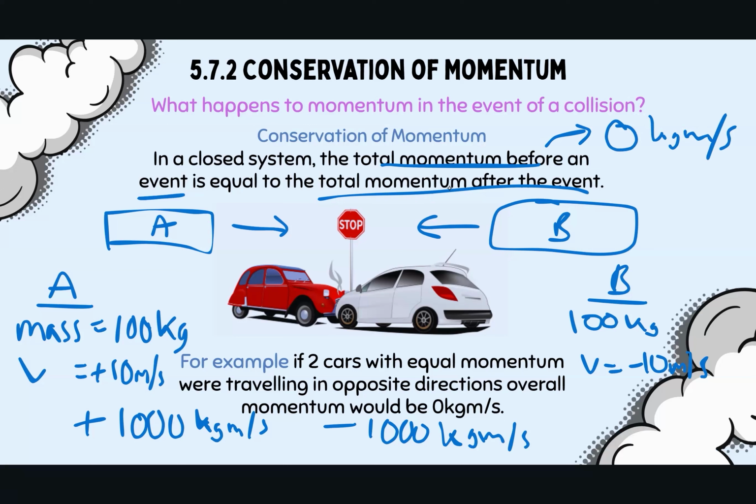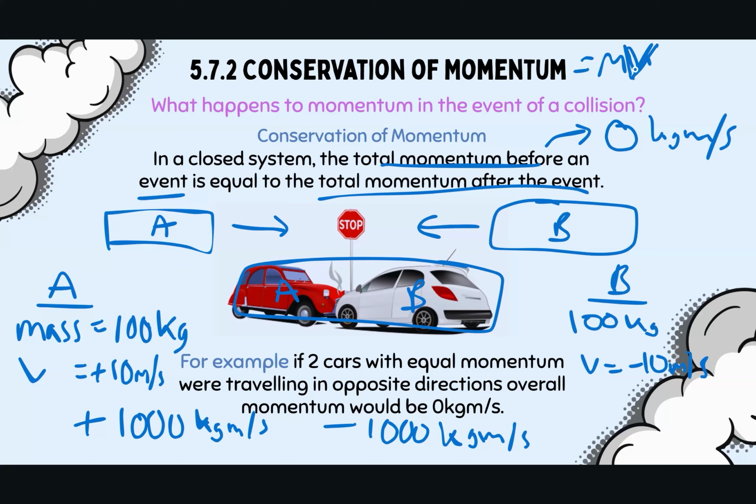Now, when they collide, because they have the same momentum, their velocities and their masses cancel out. So when they crash, A and B don't move, they're stationary. So if they're stationary, momentum equals mass times velocity.